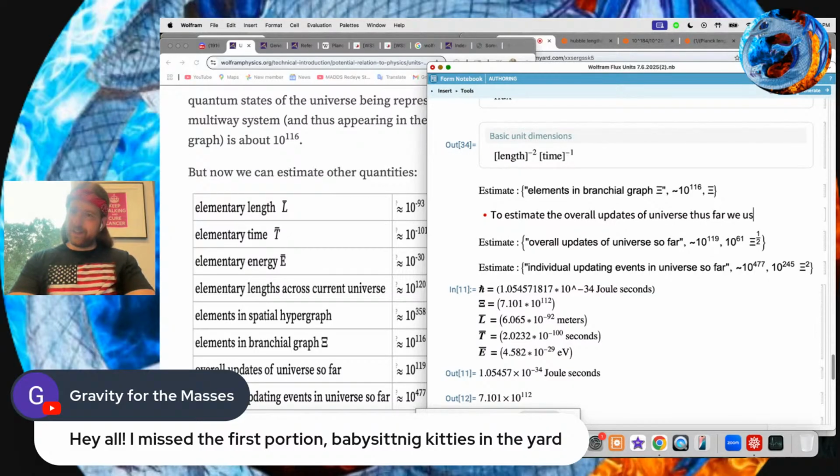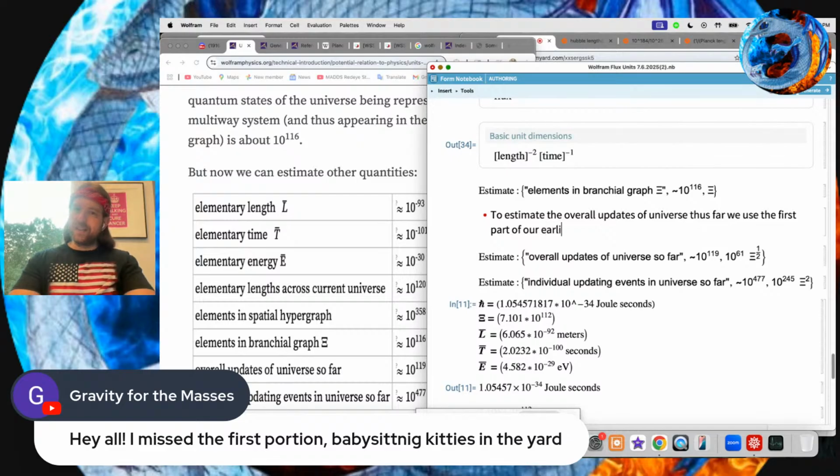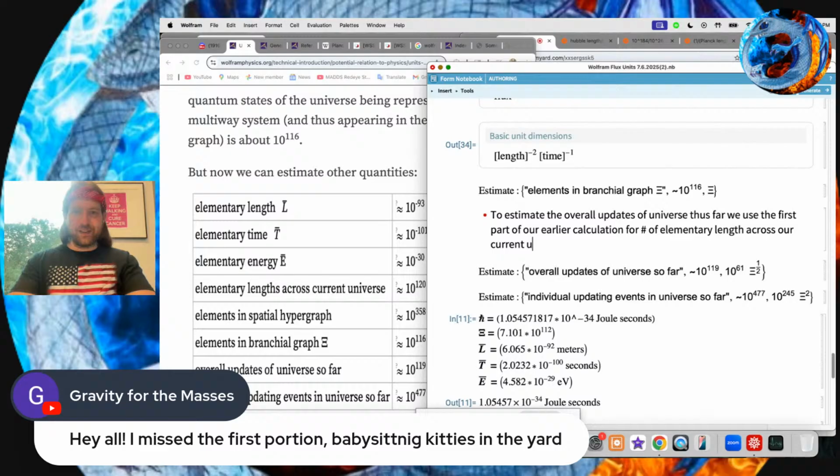We use the first part of our earlier calculation for the number of elementary lengths across our current verse.